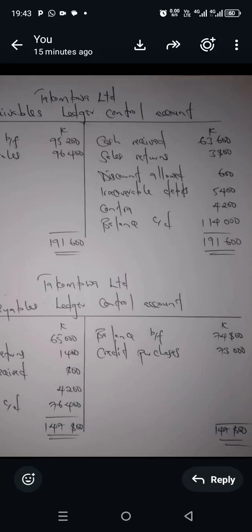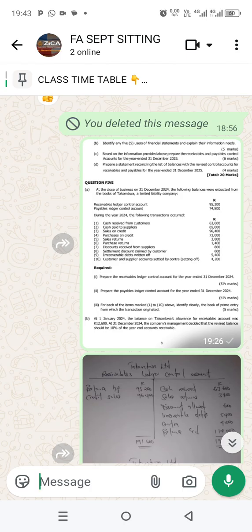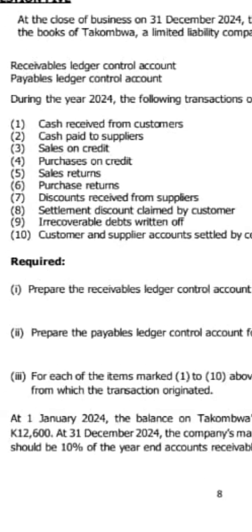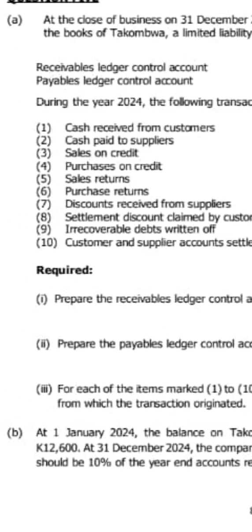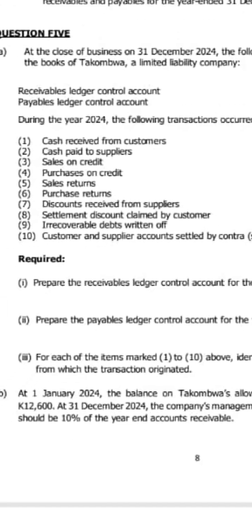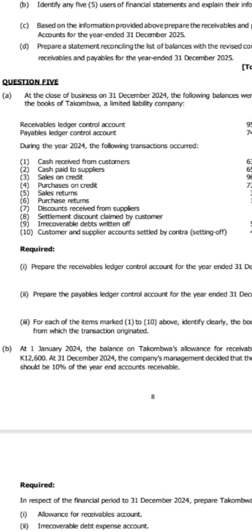Then we come to transaction number 9. We are being told irrecoverable debts written off. Irrecoverable debts are unpaid debts.